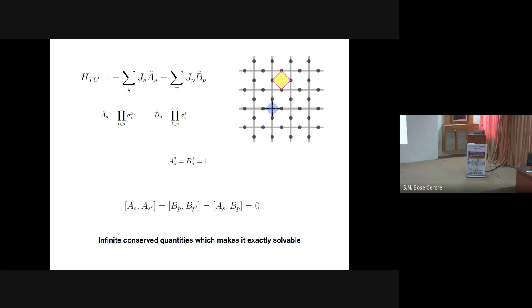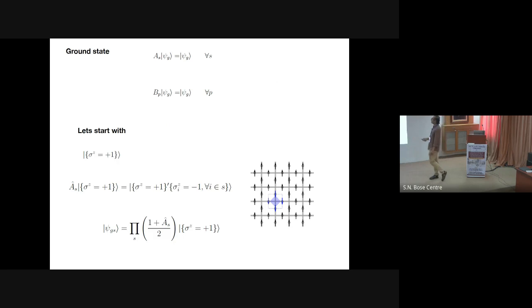If these operators have eigenvalue +1, then this has the minimum energy, with the couplings assumed to be positive. So we want that property of a ground state. Let's try to construct that. Let's start with a state where all the sigma z's are pointing up, all the spins in all the bonds pointing up.